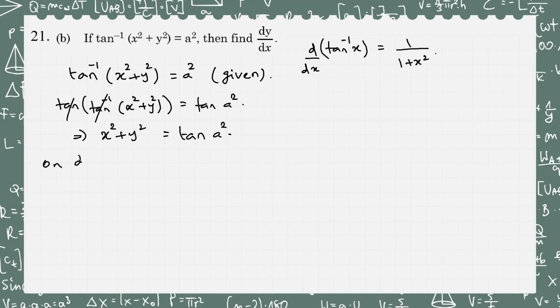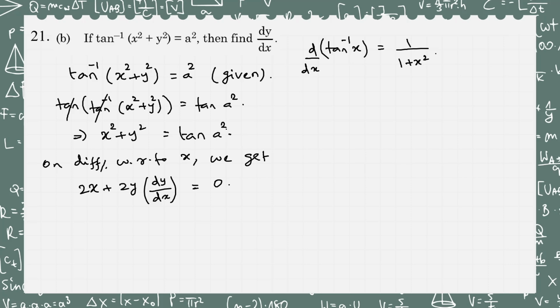So on differentiating with respect to x, we get 2x plus 2y into dy by dx equal to 0, because a square is a constant. So tan of a square is also another constant. So the derivative of a constant is 0.